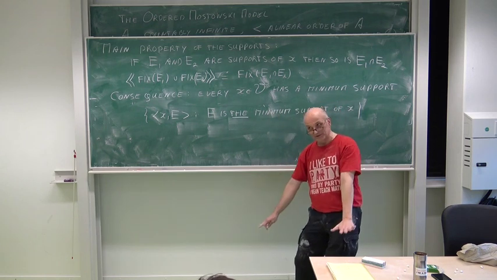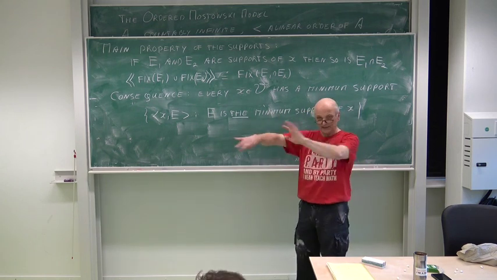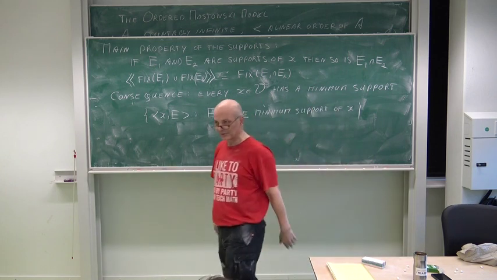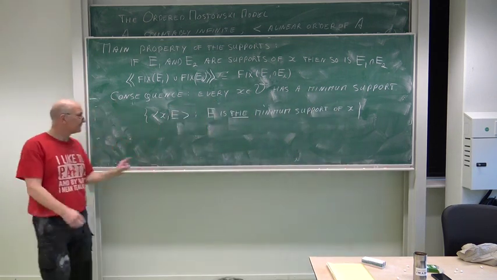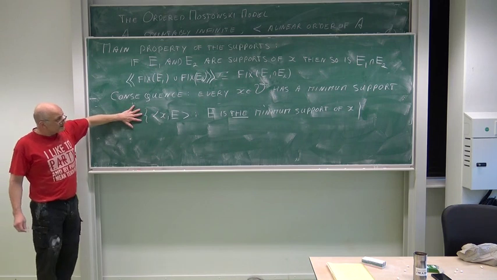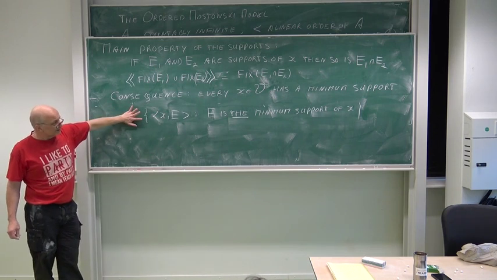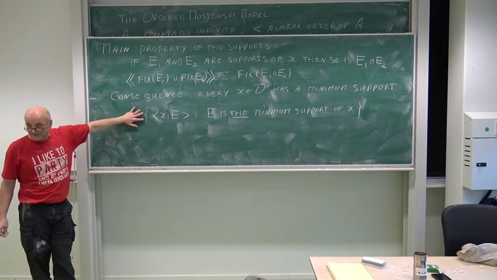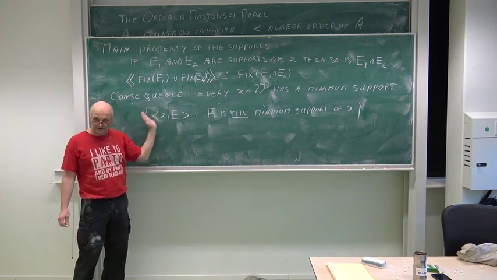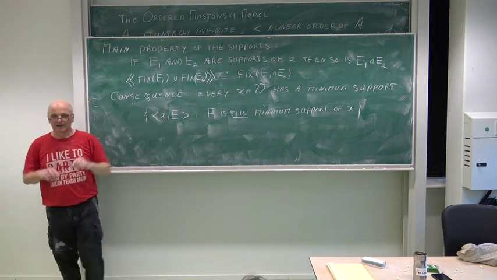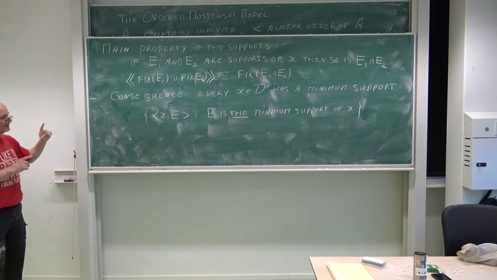So if the smallest support exists and I permute, I get a smallest support for the permuted element. This is a class that is symmetric, and all the members, so it's hereditarily symmetric, so it's a proper nice subclass of the script V.